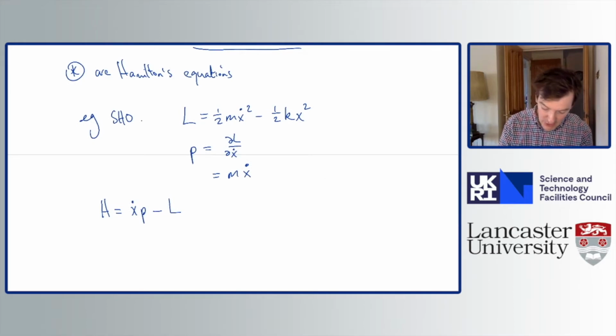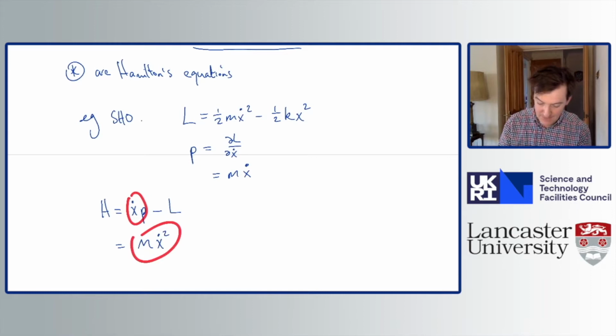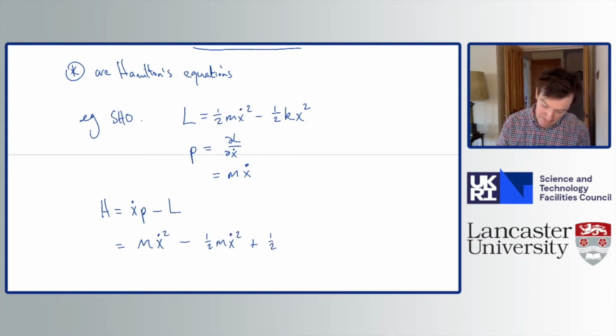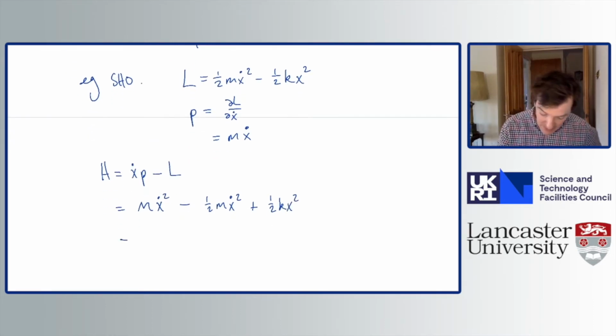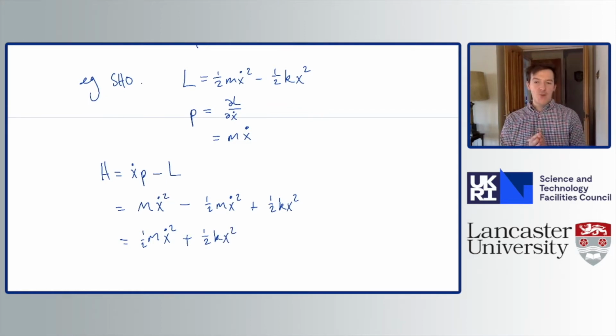Let's substitute in for p. We get m x dot squared for my first term, and we should subtract off the terms in the Lagrangian. When we simplify this, we get a half m x dot squared plus a half k x squared. We're not done.